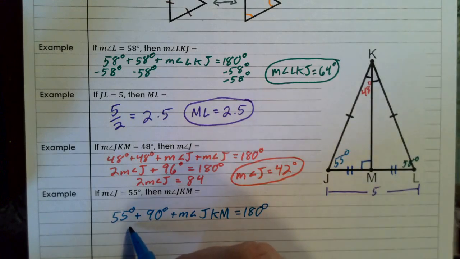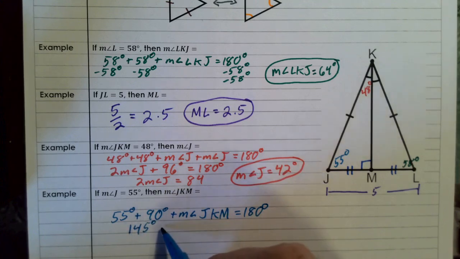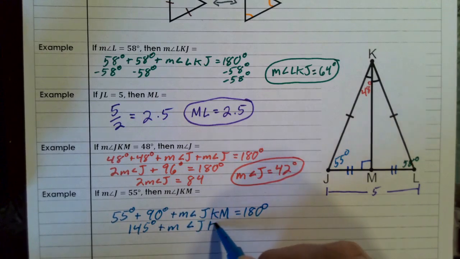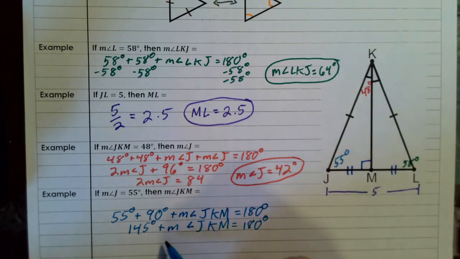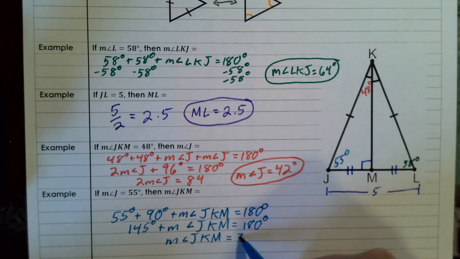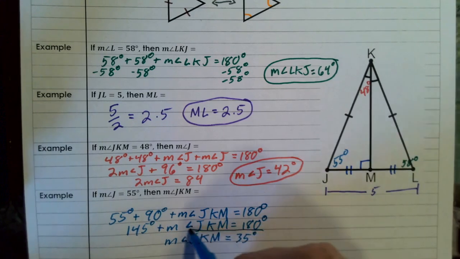So that is 145 degrees plus the measure of angle JKM. It's got to equal 180. Subtract that 145 from both sides, the measure of JKM has got to equal 35 degrees.